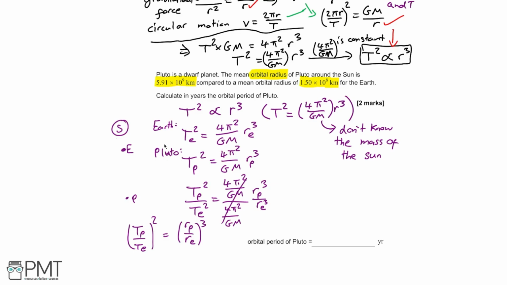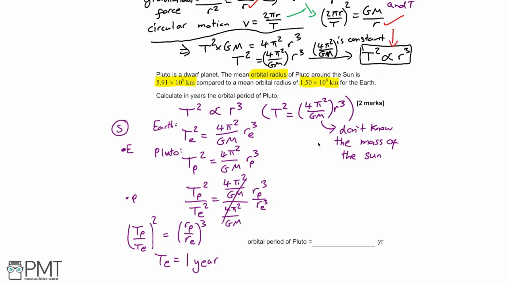The other thing we need to know is that at the moment we still have one bit of information unknown, which is that we haven't been told in the question what the orbital period of the Earth is. But luckily, we know that the orbital period of the Earth is just 1 year, because we define a year as the time taken for the Earth to orbit the Sun once.